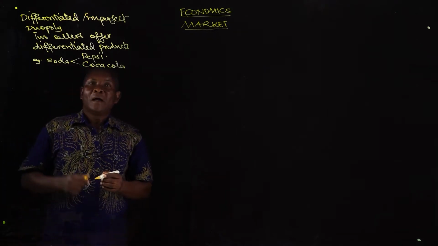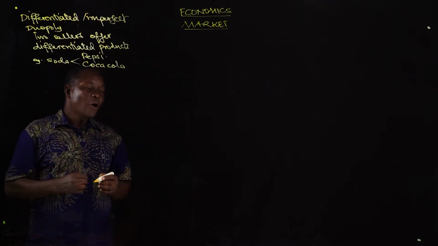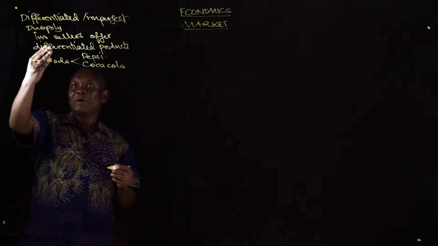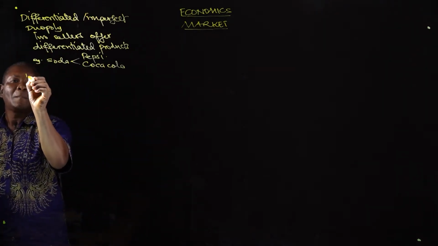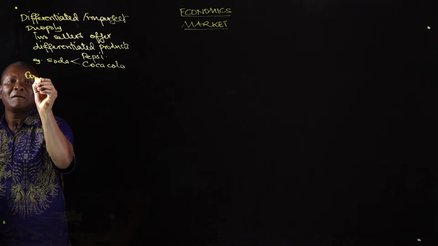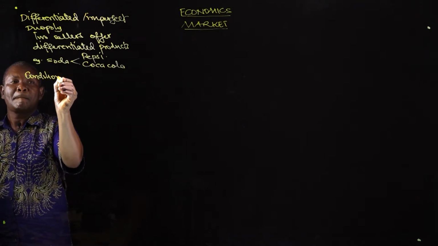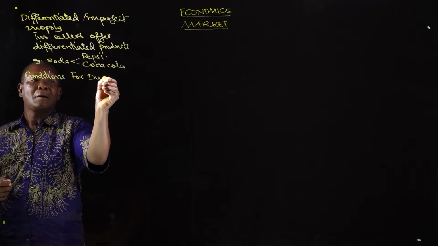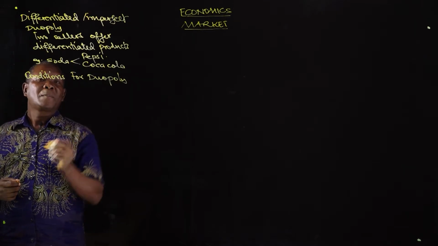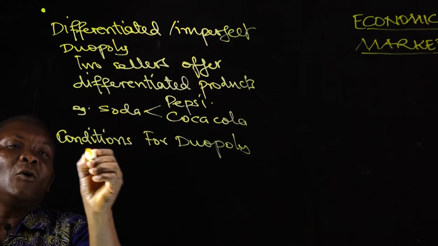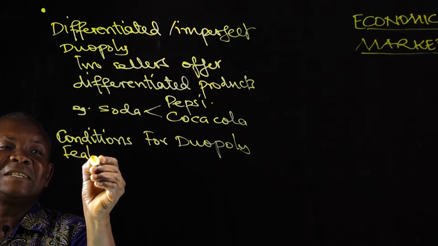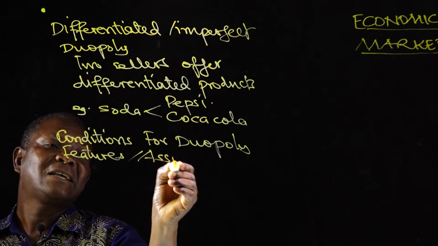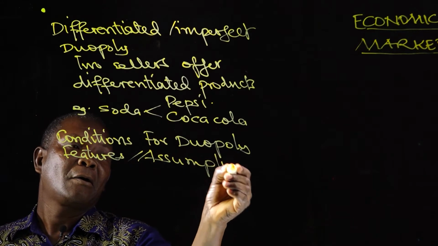Now, with the oligopoly, the question is different, but still we need to know the conditions for duopoly. The conditions can also be termed as features or sometimes assumptions.